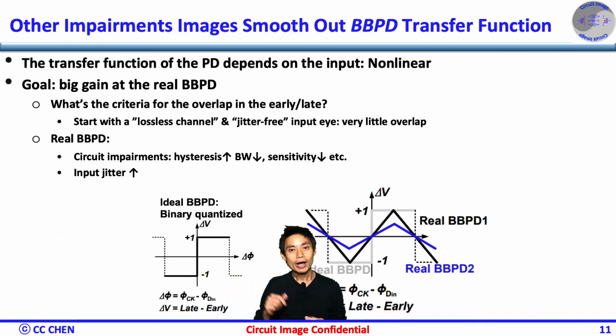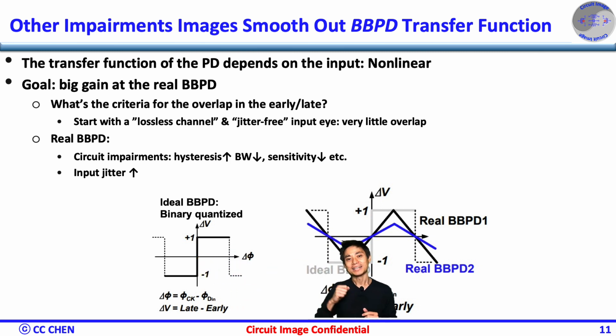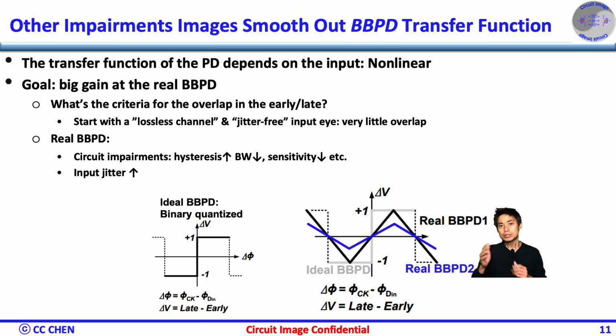Correct. Without any circuit and input impairments, the phase transfer of the BBPD would be ideally nonlinear, as shown here one more time. But with any input jitter from the eye side channel lossy media, other DJ source or random jitter RJ, the real BBPD phase transfer would be smoothed out to be the real BBPD1 here.